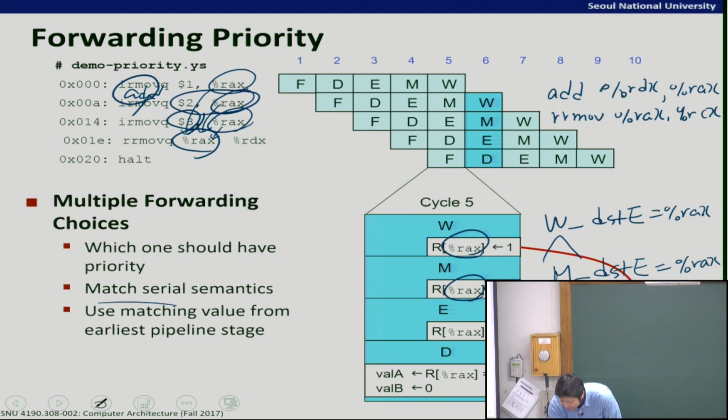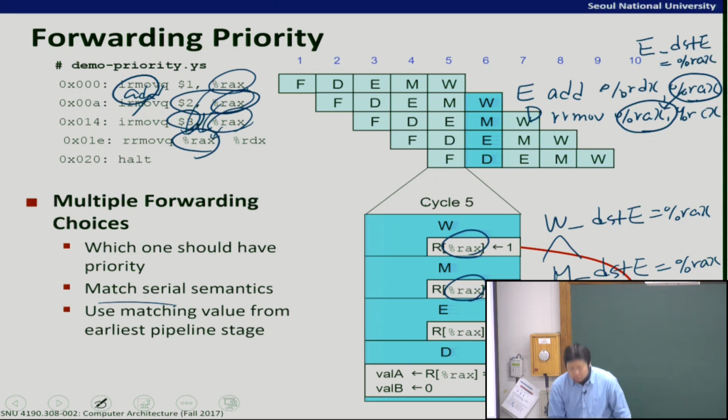So maybe there's a dependence between the two instructions via this RAX register, right? In this case, let's say this one is in the E stage and this one is in the D stage, right? Then we know that the destination for this instruction in E is RAX, because by decoding the instruction, we know that this add instruction will write the result back to the RAX register. So this information is encoded in this pipeline register.